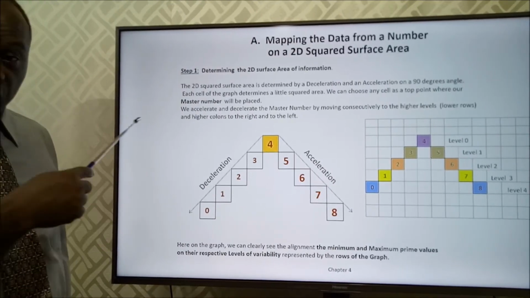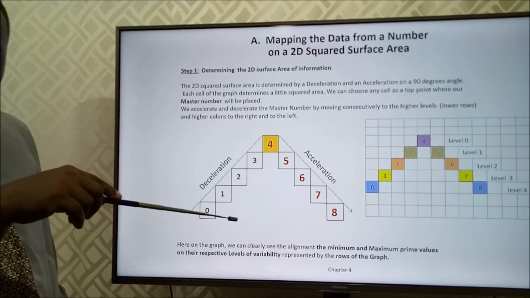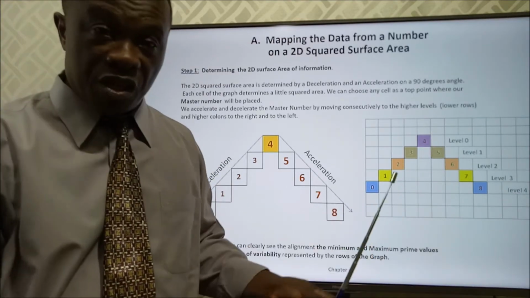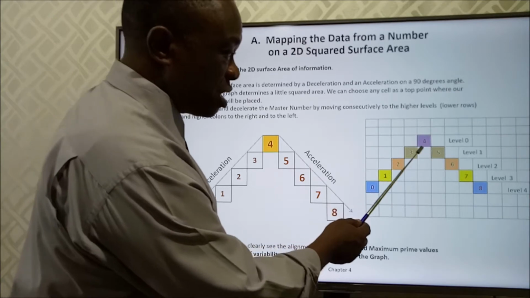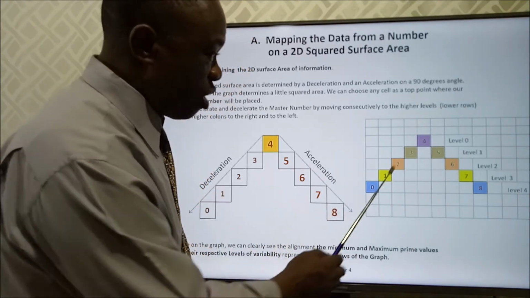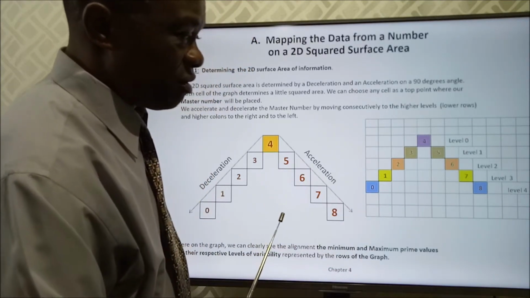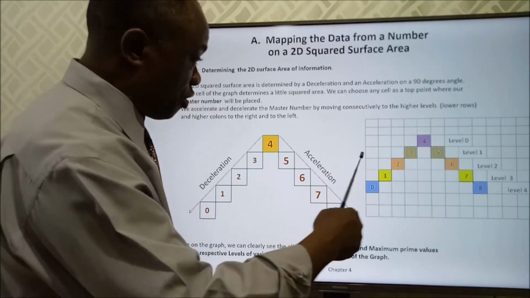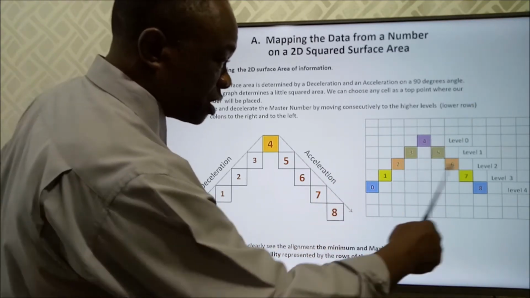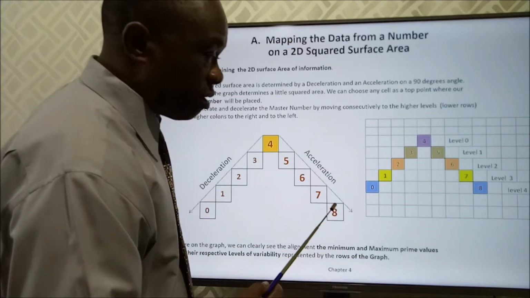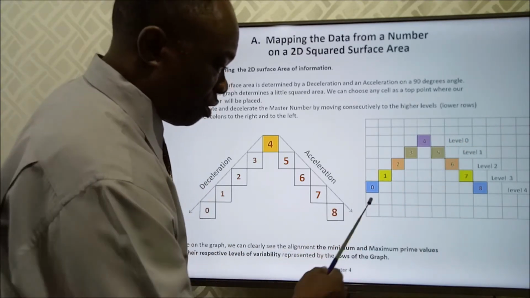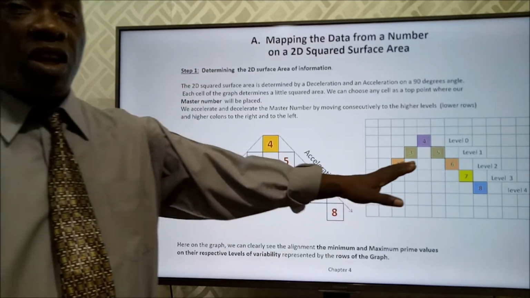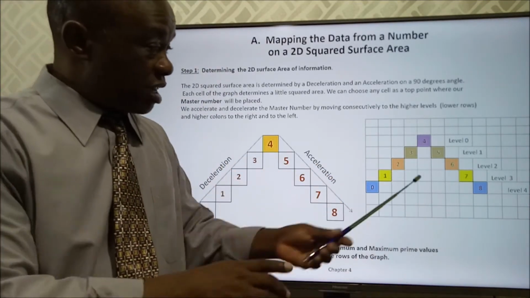The same thing we have done with the circles there, we will do it with Excel program. There you can choose any cell. You have a cell here, then the next row will be for the first level, next second level, third level, and fourth level.